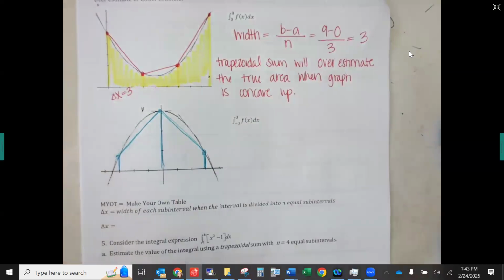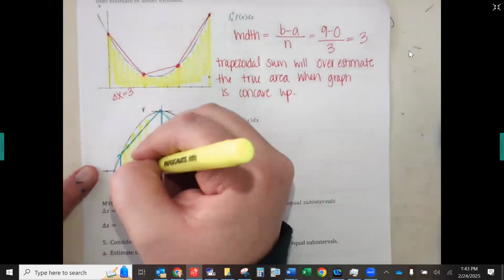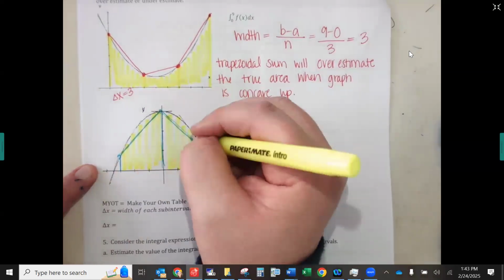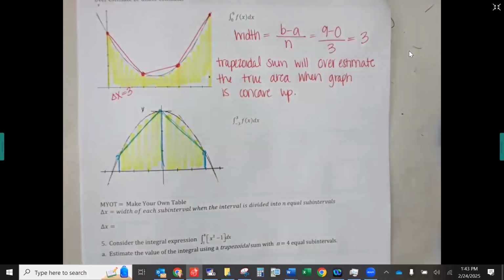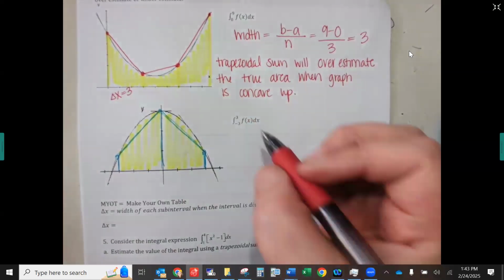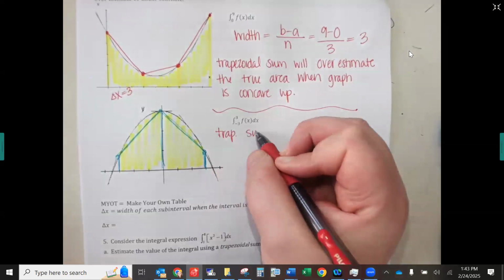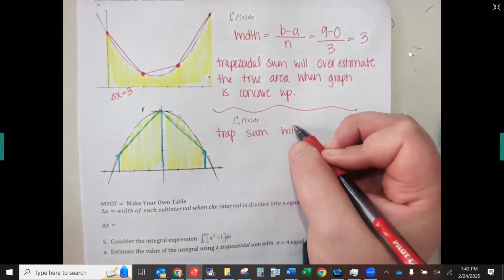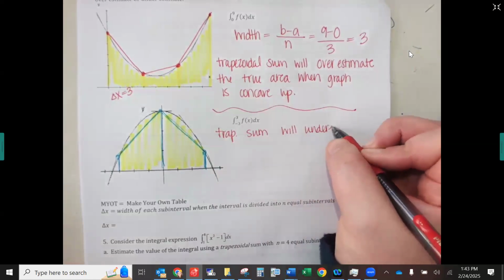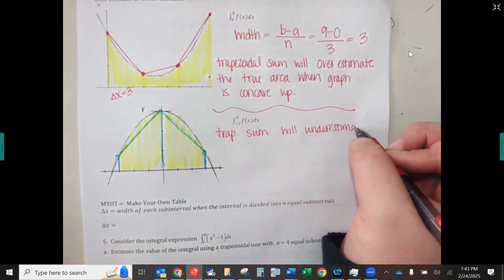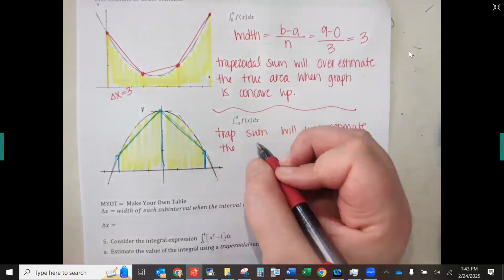And then I noticed that my trapezoids in this case are what? They're too small because the real area under the curve is going to actually exceed how much area my trapezoids catch. So in this case, my trapezoidal sum will underestimate the true area.